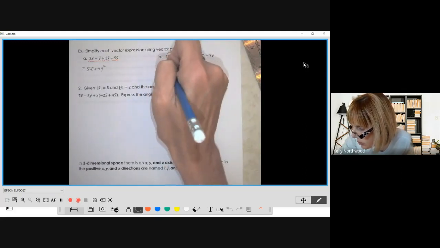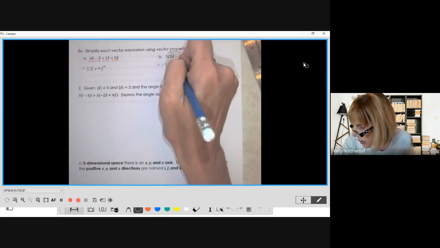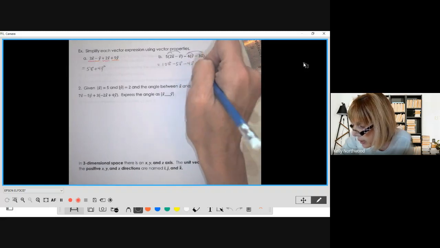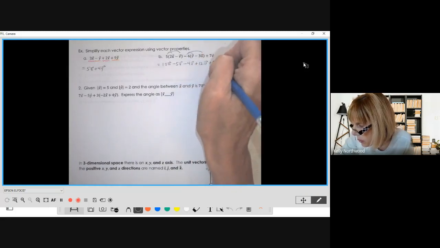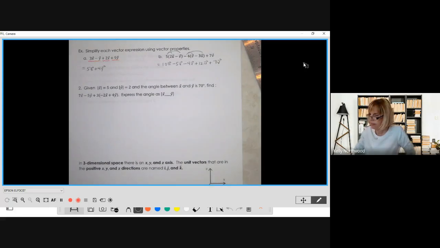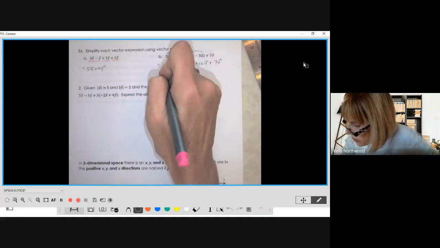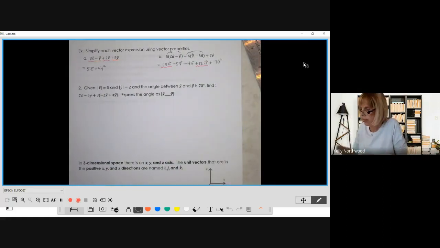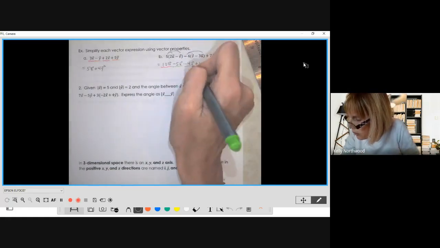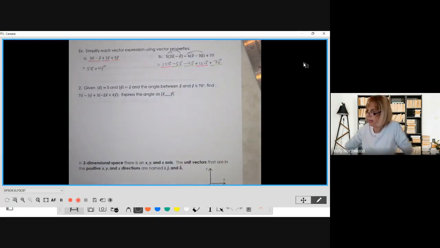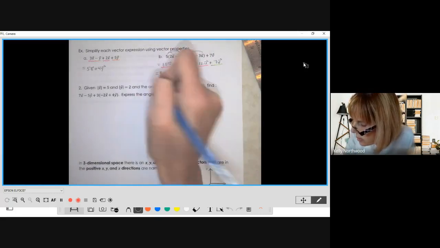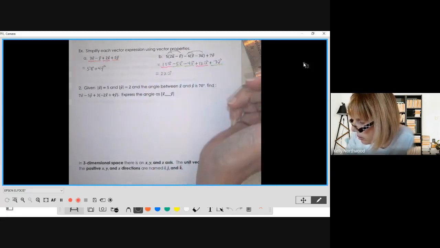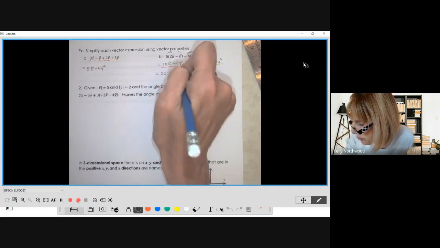So that's going to be 10 vector u's minus 5 vector v's minus 4 vector v's plus 12 vector u's plus 7 vector v's. And so here's a u, and a u, and v, and v. So we got 22 vector u's minus 2 vector v's.